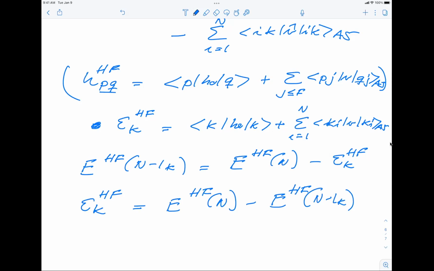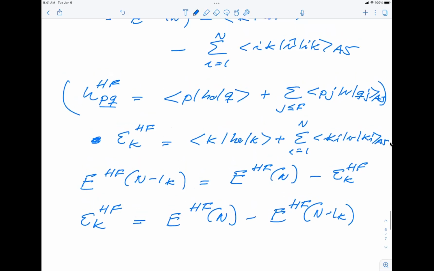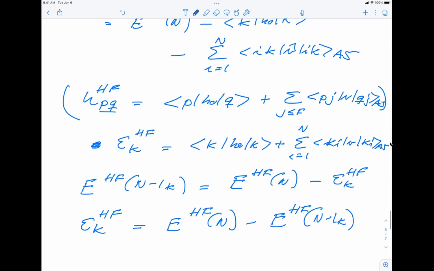So if you now look at these equations, and think physics-wise, let's assume that you have run a Hartree-Fock calculation. If you look at the assumption here, we have assumed that the Hartree-Fock energy for the n-1 particle system can be calculated with the same single particle states as in the n particle system.